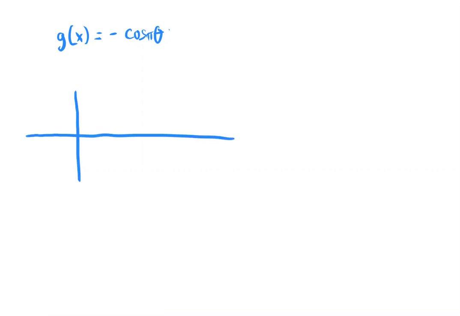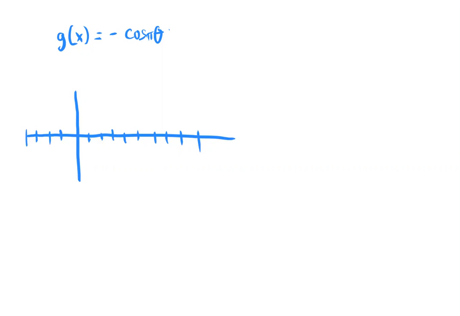So g of x equals negative cosine of pi theta, and it says in radians. So I'm going to draw the graph again. So I'm going to go 8 hash marks to the right. You don't have to do the hash marks because they're already on your notes. 4, 5, 6, 7, 8, and then 4 to the left.